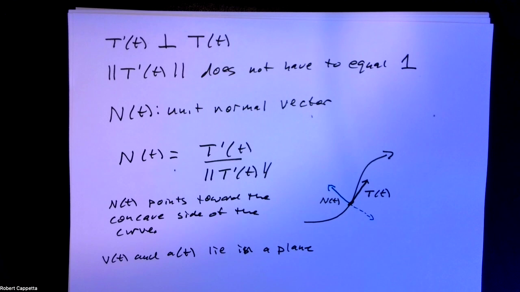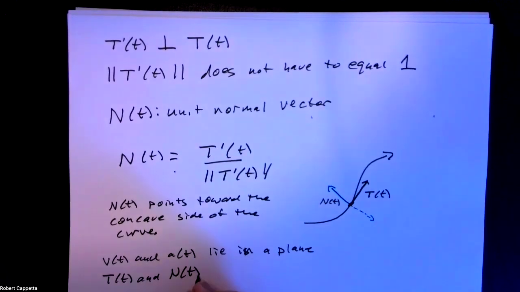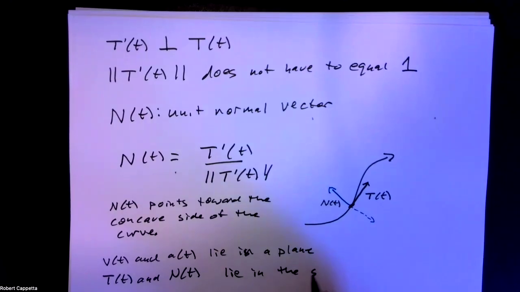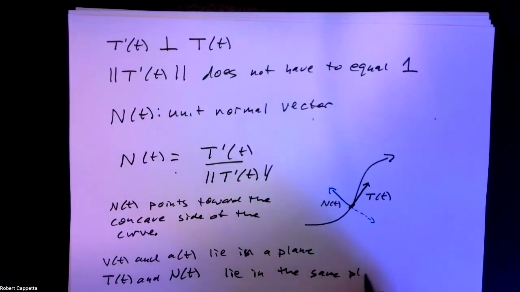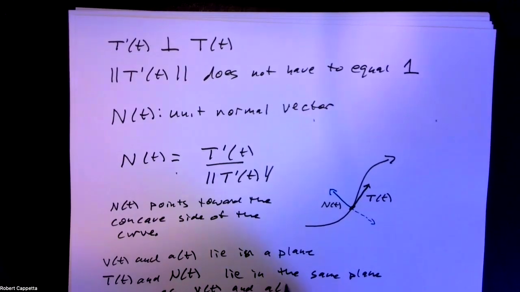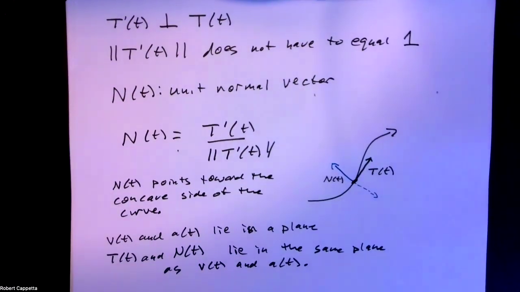You could get a normal vector by taking the cross product. Big T of t is in the same direction as v of t. Big N of t is not typically in the same direction as a of t, but T of t and N of t lie in the same plane as the velocity and the acceleration. So that is something else for us to think about.